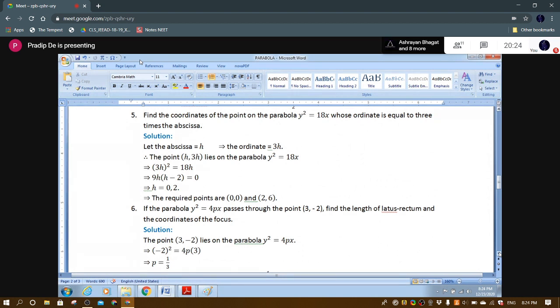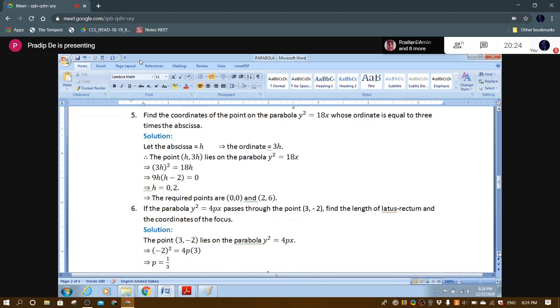Y squared equal to 4 by 3x. Yes. Length of the LR is 4 by 3. And because the equation is such, the focus is 1 by 3, 0. Correct. Because p is equal to 1 by 3, the equation is y squared equal to 4 into 1 by 3, that is 4 by 3. Y squared equal to 4 by 3x. Coefficient of x, 4 by 3.